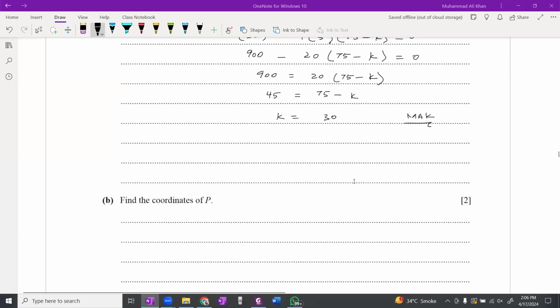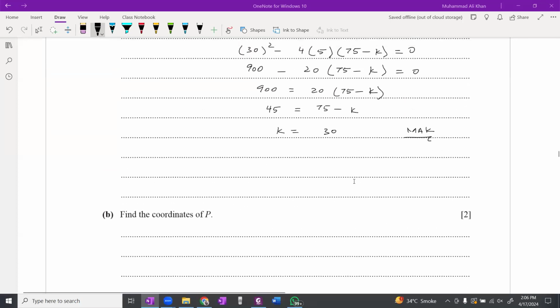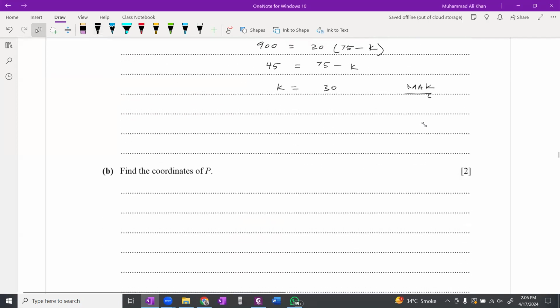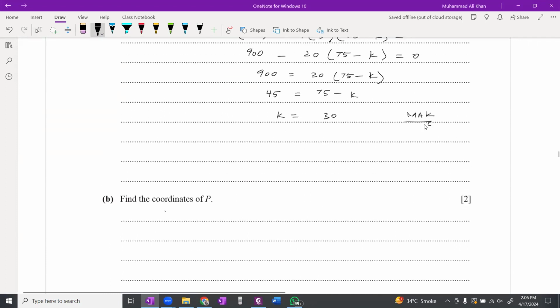After that, in part B, we have to find the coordinates of P. For the coordinates of P, just use this equation and substitute the value of k in the equation and find out the coordinates of P. The equation will now be 5x squared plus 30x plus 75 minus 30, which is 45, equals 0.